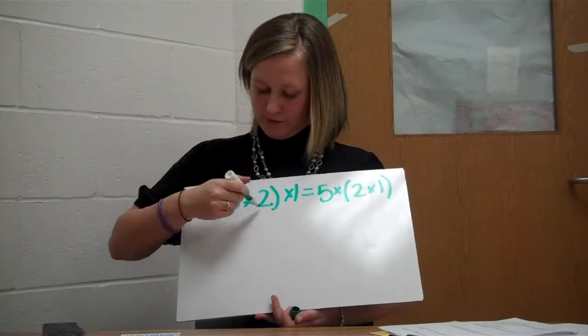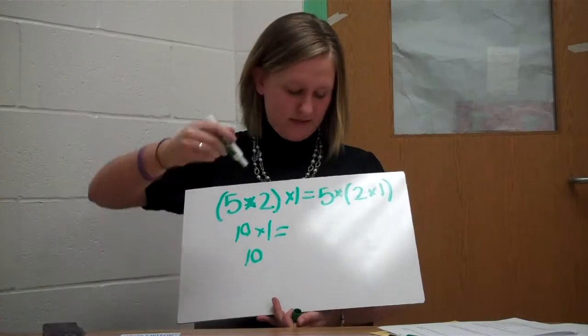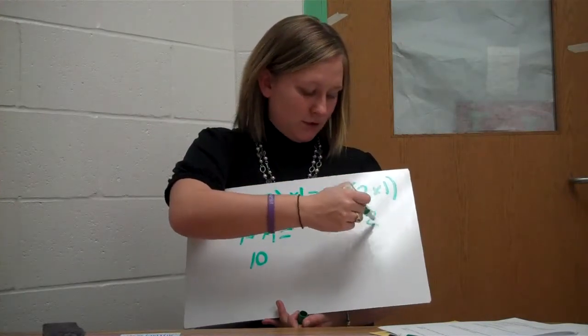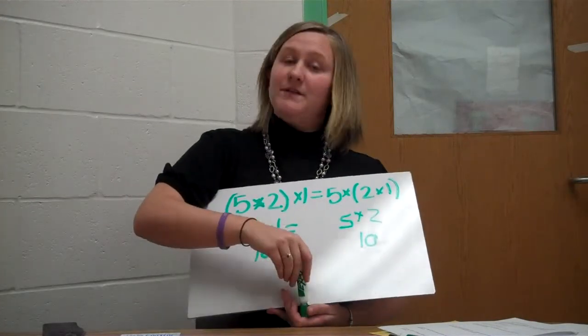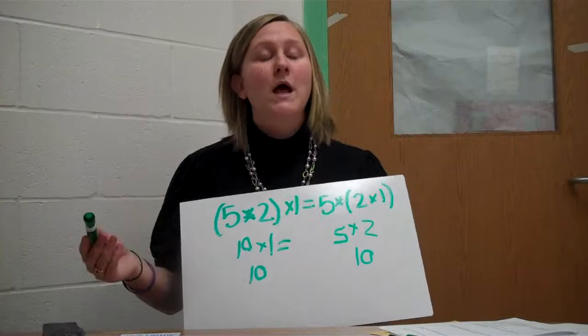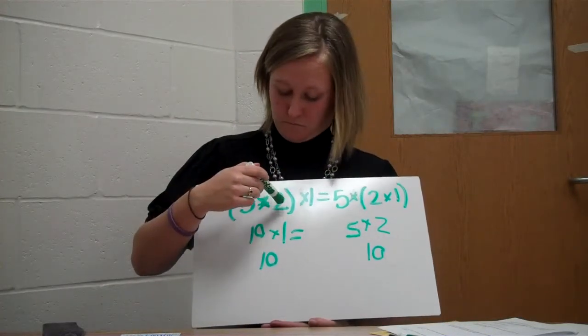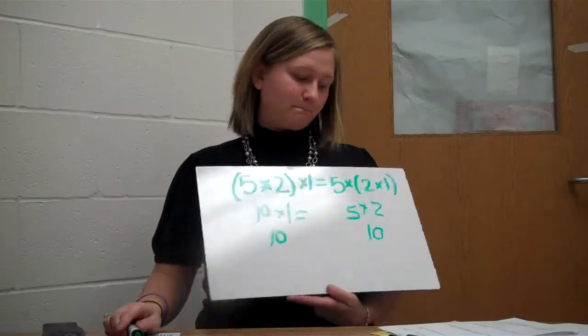Okay, so 5 times 2 is 10, times 1 equals 10. Let's see if this side is the same. 2 times 1 is 2, times 5, that's 10. It still equals the same thing, because no matter which way you multiply it, whether you multiply 2 times 1 or 5 times 2, you're still going to get the same answer.